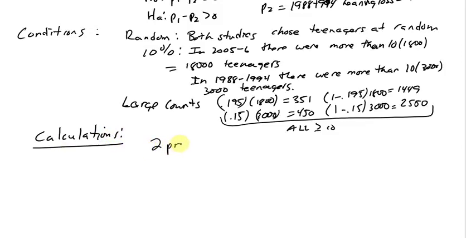Two-prop z-test. And x1 which is going to be 351, and N1 is the 1800, because our P1 was the proportion in 2005 and 2006. Our X2 is 450, and our N2 is 3000. That's what we put into our calculator.